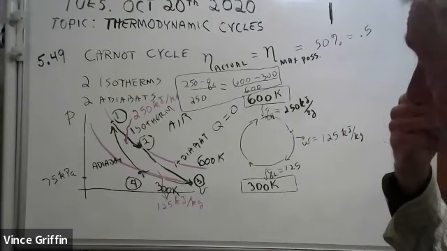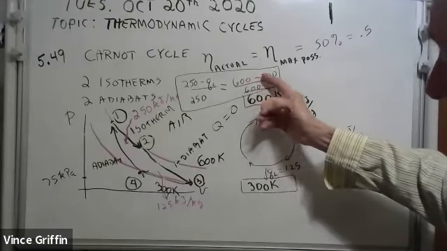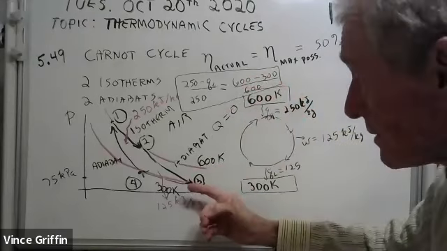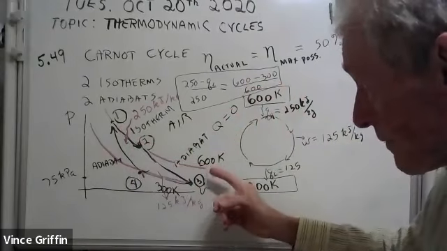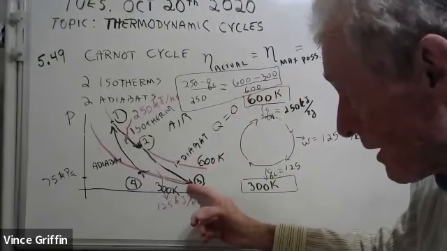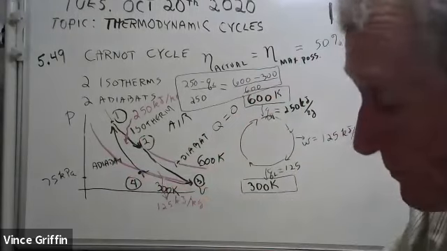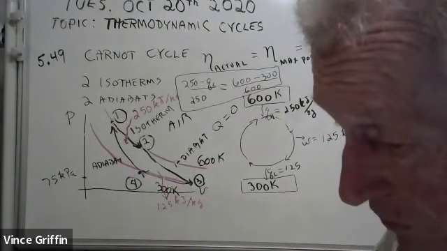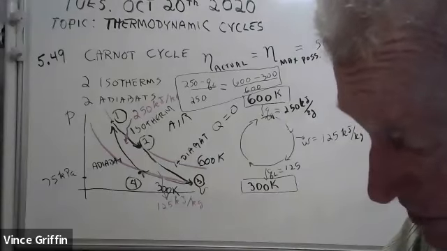And so you get a big number here in the numerator. See, this number here is 600. Well, if you can make this colder, see, it's 300, right? Well, what if it was 200? Or what if it was 0? Well, you're not going to get 0. That's outer space.